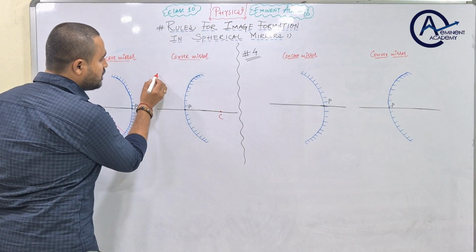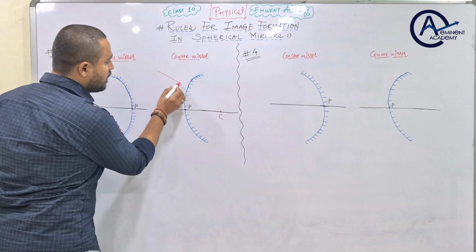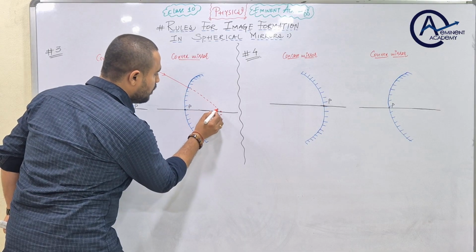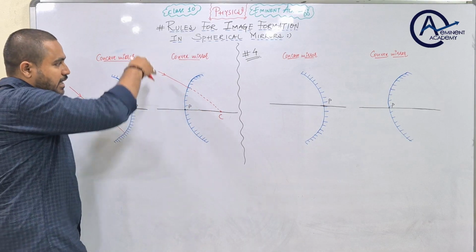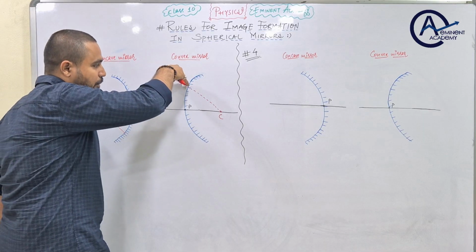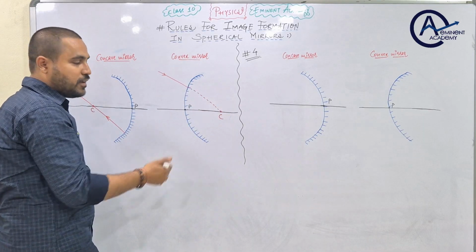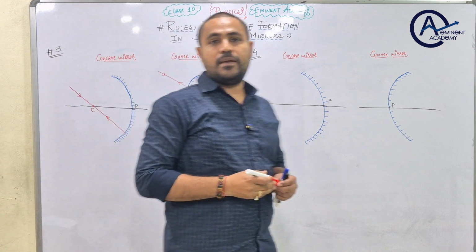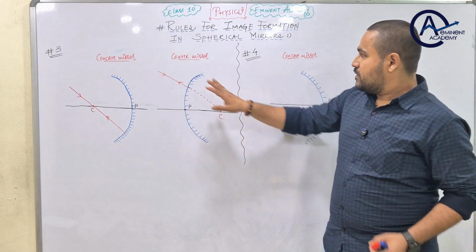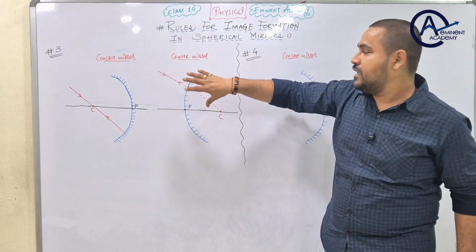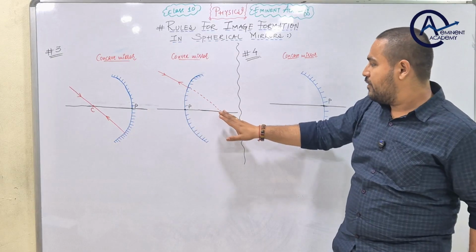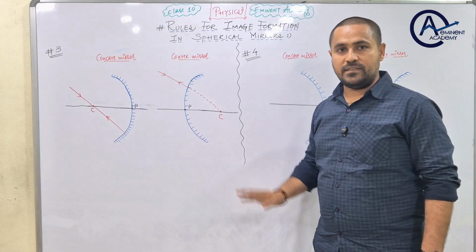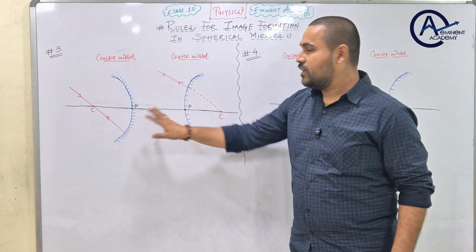So here the case is, if the ray of light appears to diverge from the center of curvature, that is, it is incident and appears to diverge from the center of curvature, then after reflection it also retraces the same path. Because of the convex mirror it is diverging, and the ray appears to meet at the back side of the mirror, which is at the center of curvature. So this is the third rule.